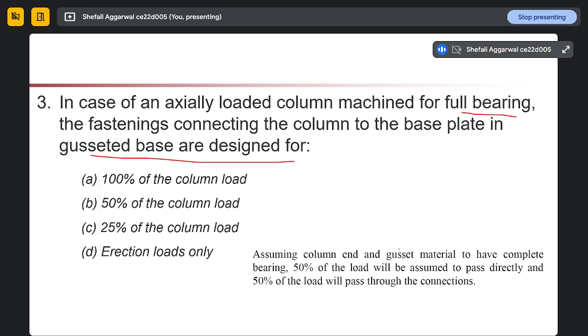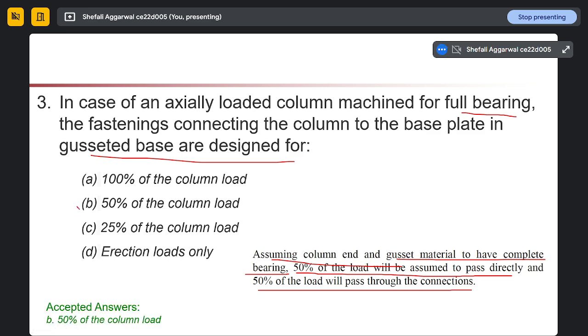You might have seen this in one of the examples which sir showed in case of gusset plate. The statement given was that if the column end and gusset materials have complete bearing or full bearing, 50% of the load will be passed directly and the other 50% will pass through the connection. So the answer is B, 50% of the column load.